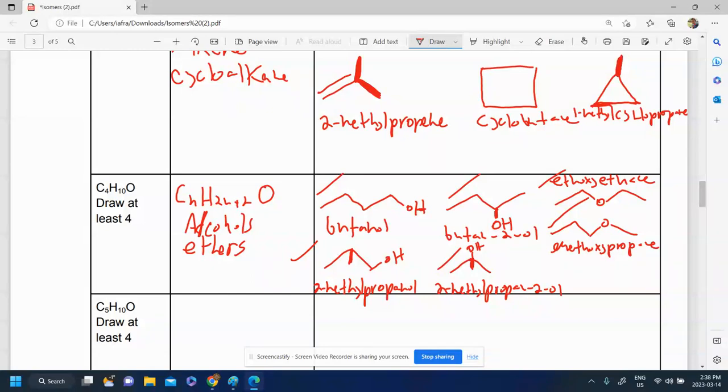I missed it. I didn't realize this, because it's not a very common one. But you could do, let's see, we could have a propane molecule and connect the methoxy group there. Didn't think of that one. 2-methoxypropane.